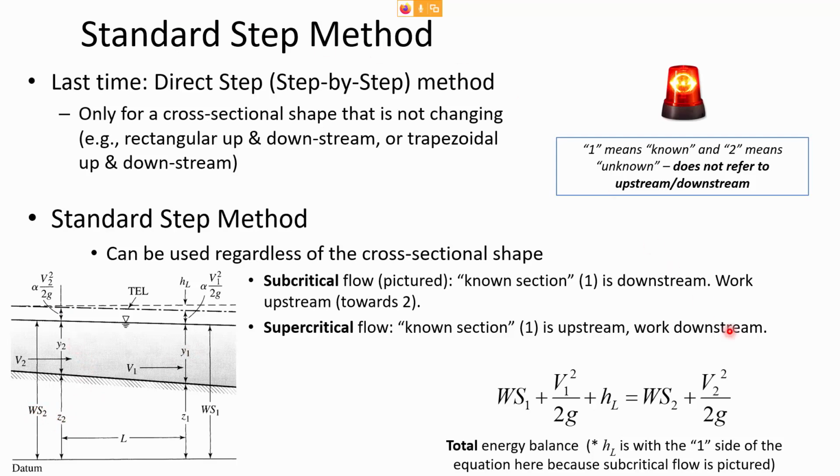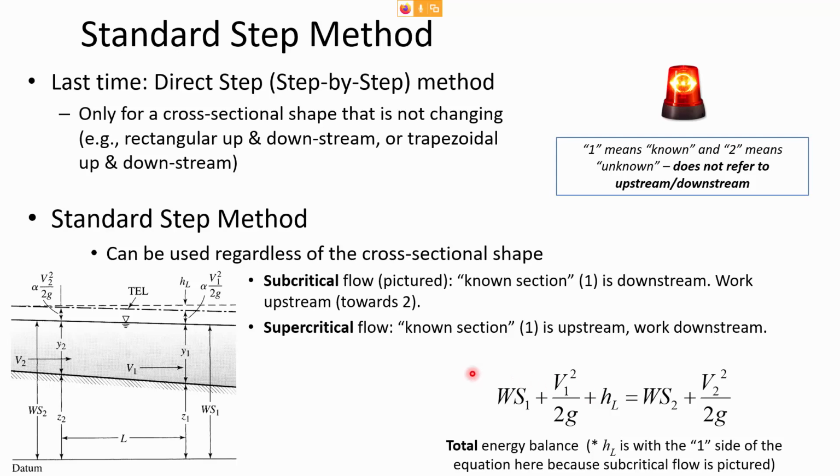So in the energy equation that's shown here, we're adding the water surface and then a little bit more to get us up to the total energy line, so the velocity head. And then here at location 1, we're also adding in the head loss between the 2 points. Now remember that if we have non-uniform flow, the slope of the energy grade line is not parallel to the channel slope.